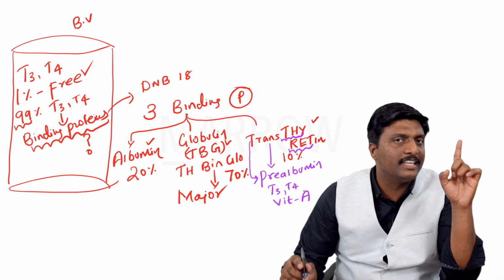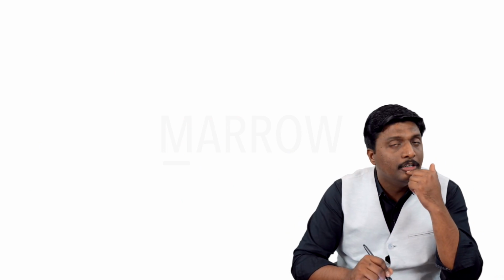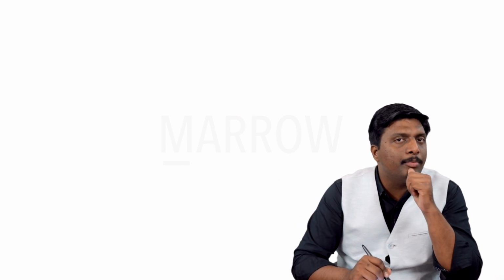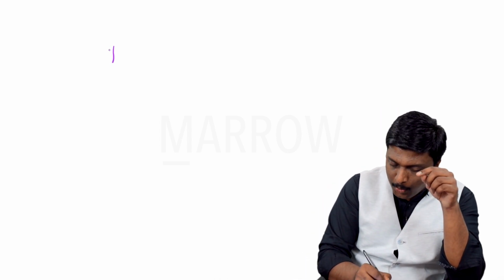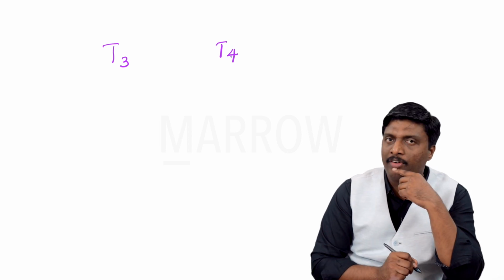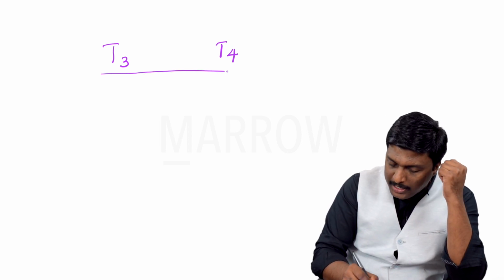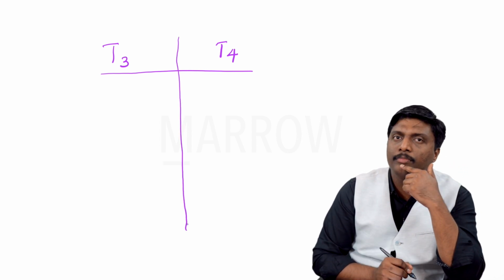Simple. If you understand this, in thyroid physiology, now we know how the hormones are synthesized. Now we know what the binding proteins for thyroid hormone are. With this important concept, kindly make a note. There are two major hormones coming from the thyroid gland. You must be able to clearly differentiate these two important hormones.